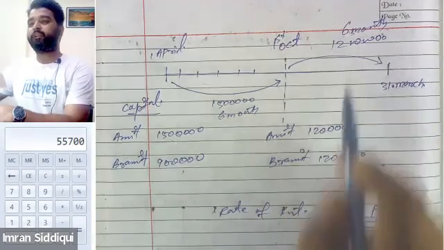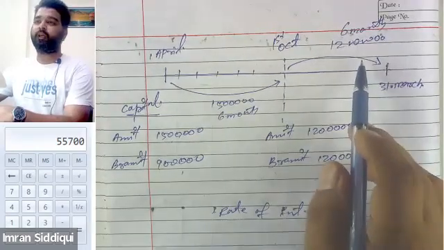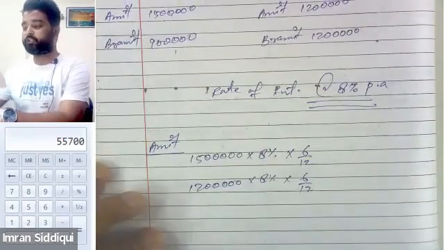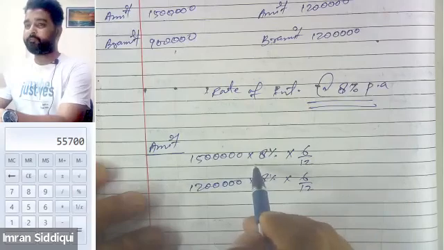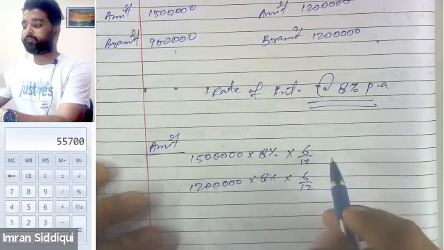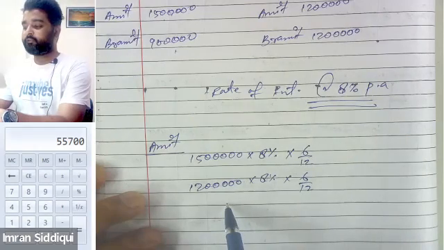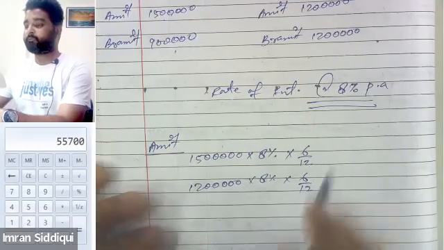Therefore, he will be given 8% interest on the 12 lakh for the 6-month period. So for calculating Amit's interest, it will be 15 lakh at the rate of 8% for 6 months, and 12 lakh into 8% for the remaining 6 months.